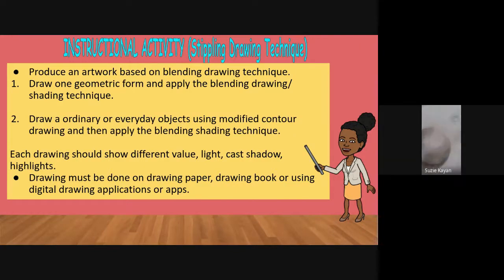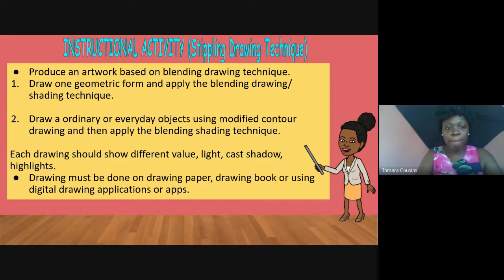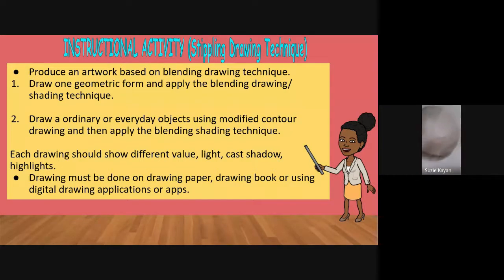Miss, my light was coming from here, and I tried my best to point out the values of light. Right here is the dark value, and here was a little lighter, and here was much lighter, and this was the light part.